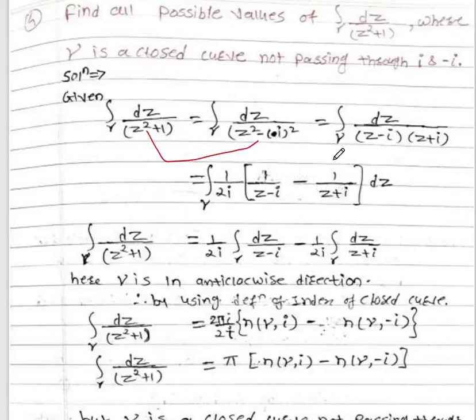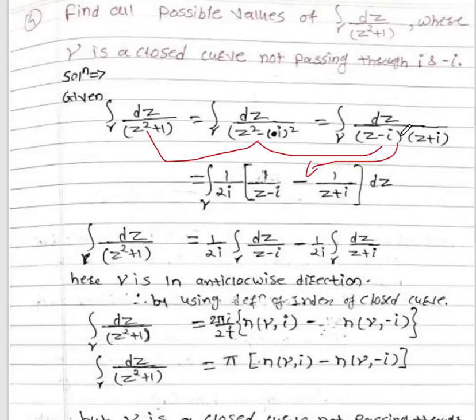The factor of this term can be written as z minus i, z plus i, by using the formula a square minus b square. So this term can be written in this way. Again this term can be written in this way. If you take the cross multiplication and solve, you will get this term.